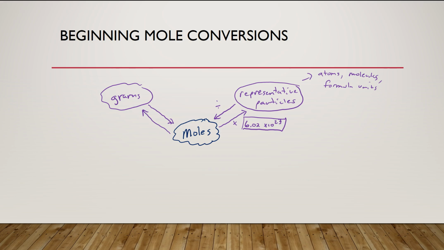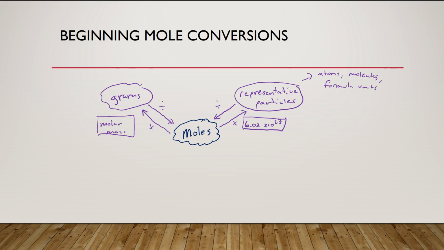And again, I'm going to divide into moles, multiply out. But the number I use this time is not going to be Avogadro's number. It's going to be molar mass, which I just showed you how to calculate. So if I have a certain number of grams, I'll divide by the molar mass to figure out how many moles that is. If I have a certain number of moles, I'll multiply by the molar mass to figure out how many grams that is.